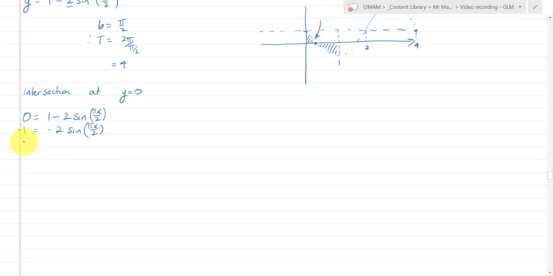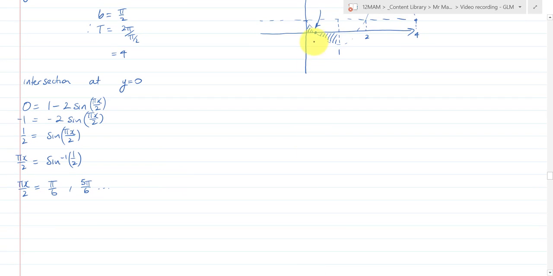We divide by negative 2 and we get a half equals sine pi x on 2. That means pi x on 2 equals sine inverse of a half, which is pi on 6. It's also 5 pi on 6, and there's plenty more and some negative ones, but we only care about the first instance, which is there.